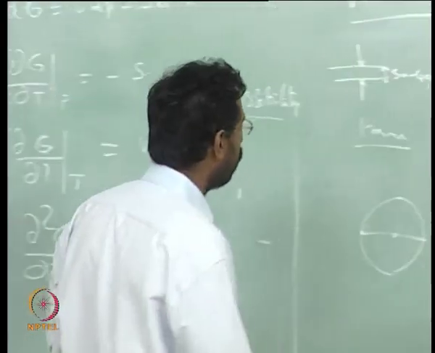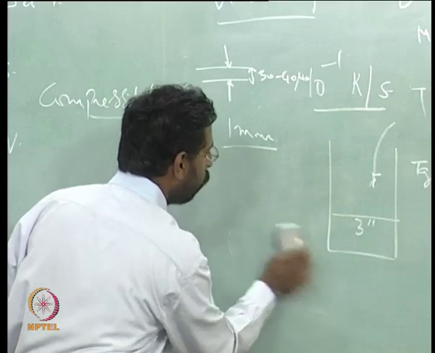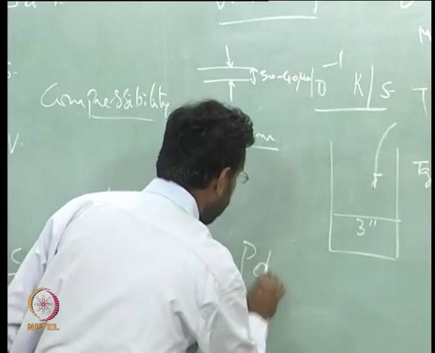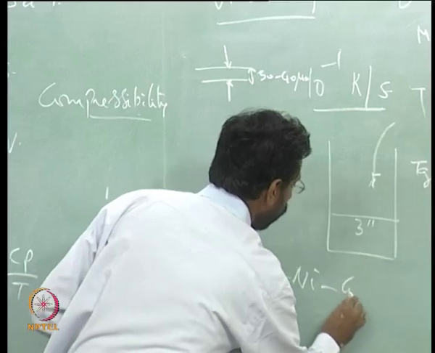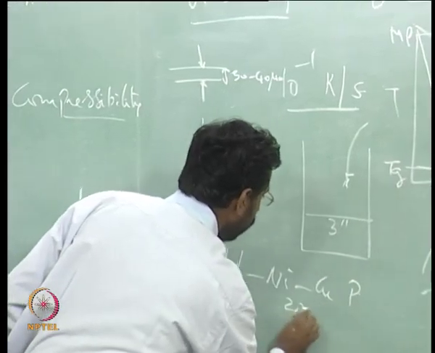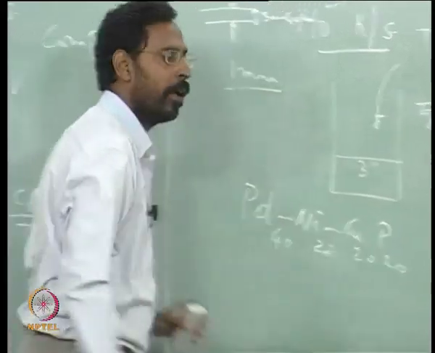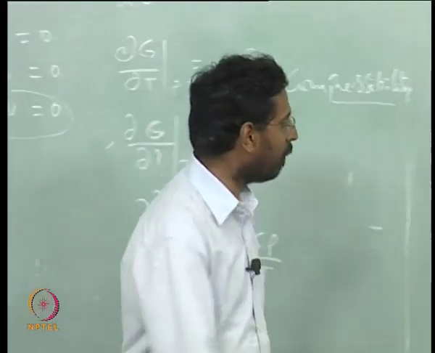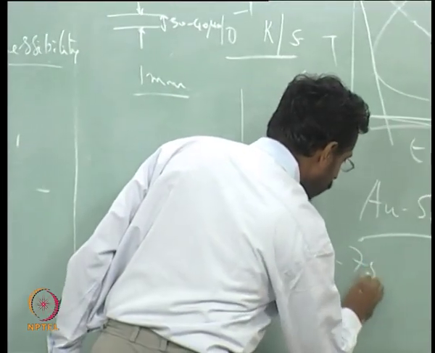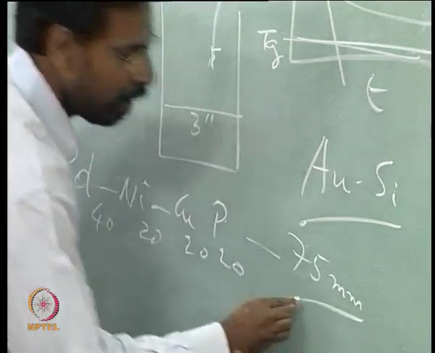The glass which has the highest glass forming ability, for example, is a palladium nickel copper phosphorus alloy with about 20, 20, 20, and this is 40. This has given almost 75 millimeters thickness.